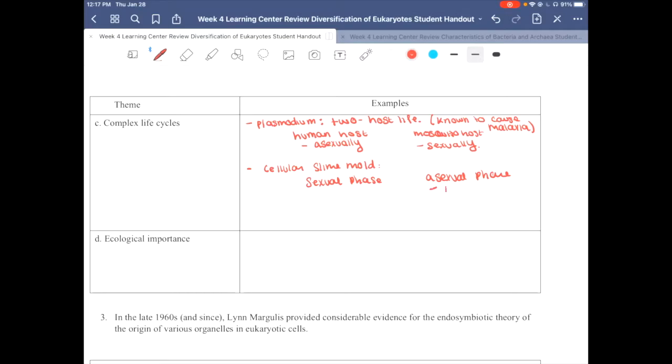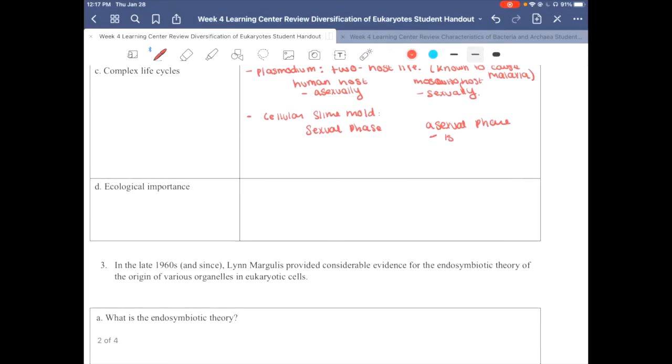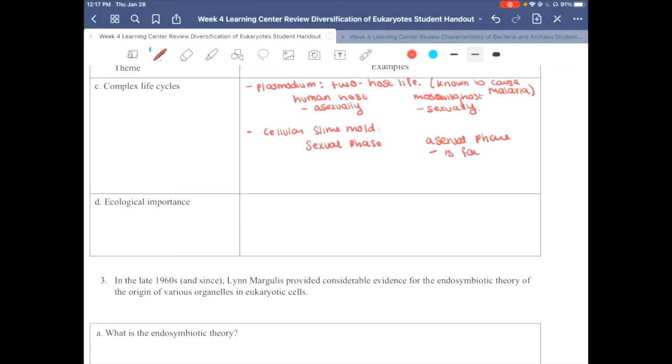And asexual phase is favored in unfavorable conditions. Any questions so far?